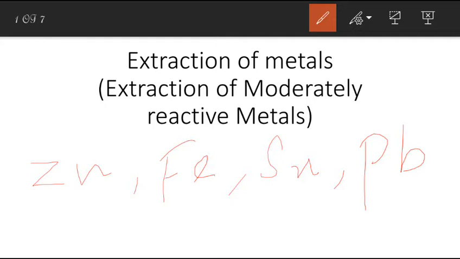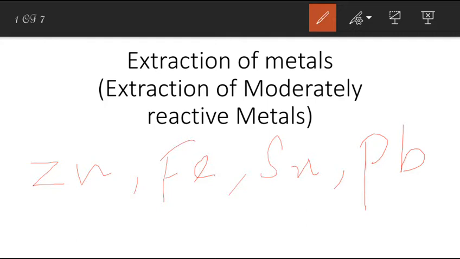So how are moderately reactive metals extracted from their ores? The process used for this extraction is reduction. If you remember, in our last topic, the extraction of least reactive metals, those metals were extracted by using calcination and roasting.